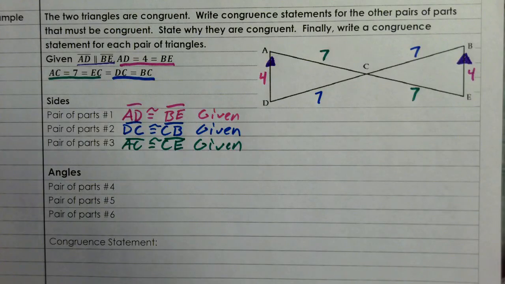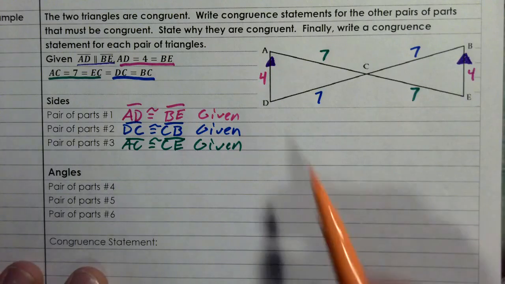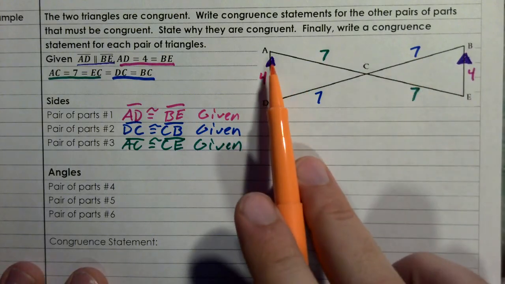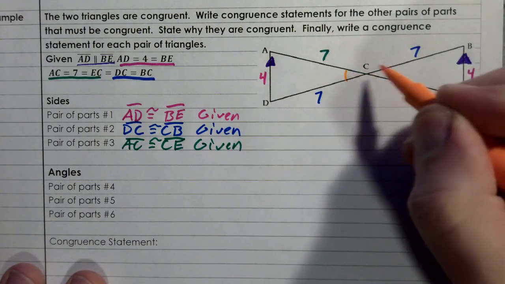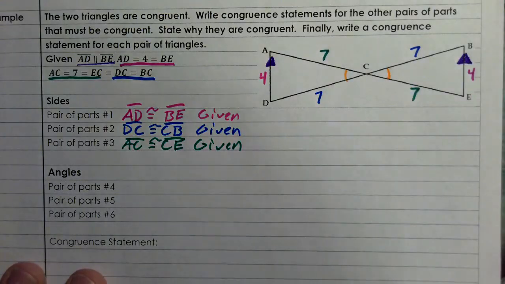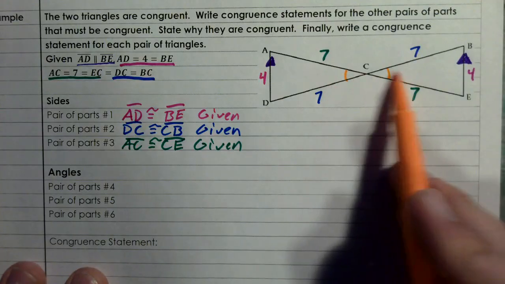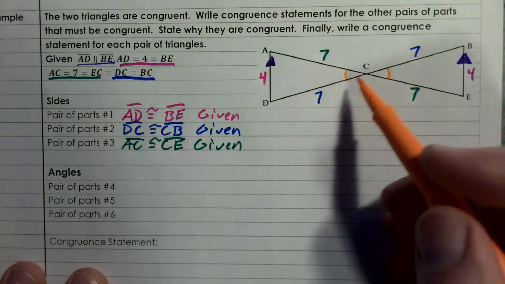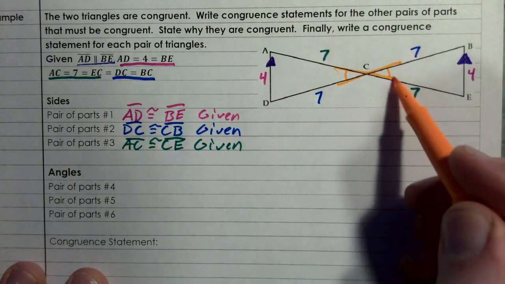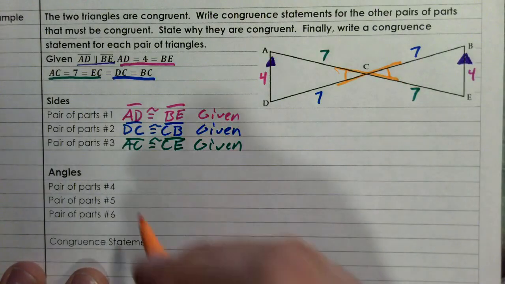Now, all the sides might have been given to me, but they didn't give me any of the angles. So I'm going to have to interpret it based on this diagram and probably these parallel guys. I'm looking right here at C, and I think those two angles right there have to be congruent because they are a vertical pair. They're parts of this X shape right here. So those two have to be congruent.